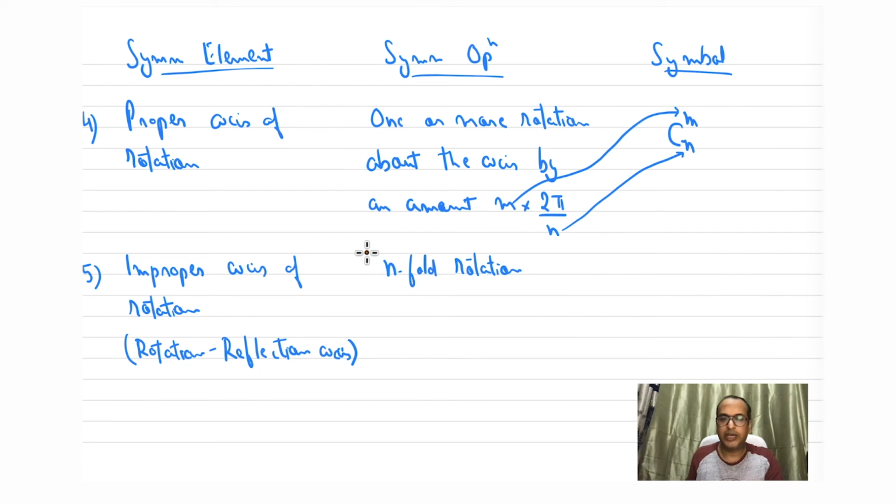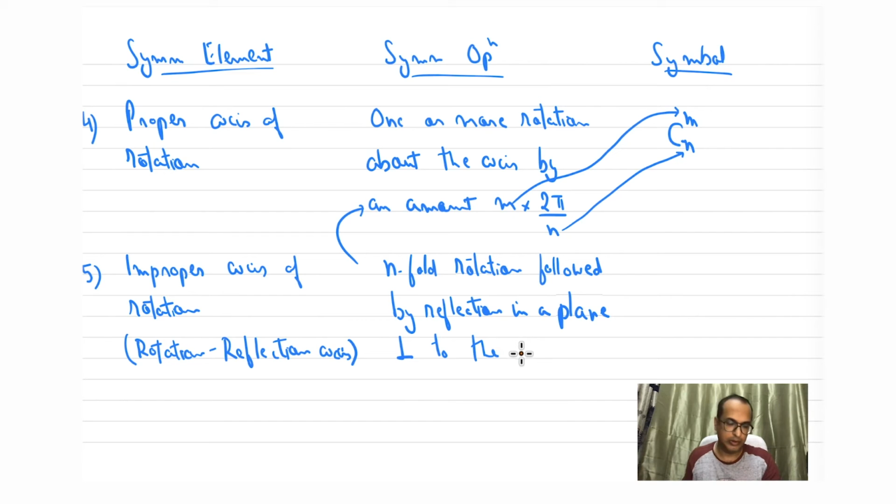This rotation is actually the same as the proper axis of rotation, but it is coupled with or followed by another operation, so there are two operations in one improper axis of rotation. The first operation is n-fold rotation followed by reflection in a plane which is perpendicular to the rotation axis.